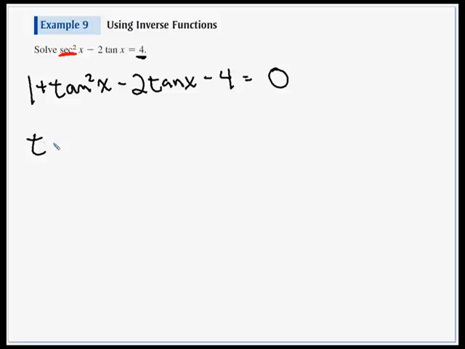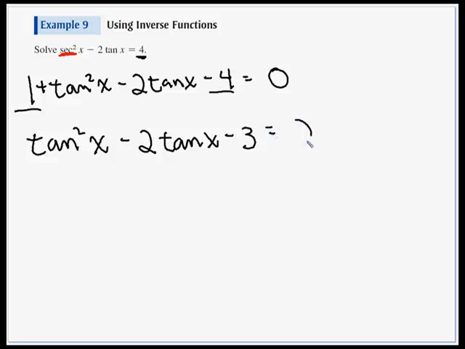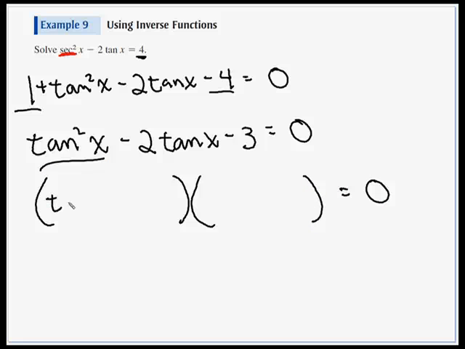Collect our like terms. Tan squared of x minus 2 tan x. We have a plus 1 and a minus 4, and those add up to a minus 3 equals 0. Now, hopefully this will factor nicely. Tan squared has to be tan of x times tan of x. And we have a minus 3 and a minus 2, so our factors are going to be a minus 3 and a plus 1.